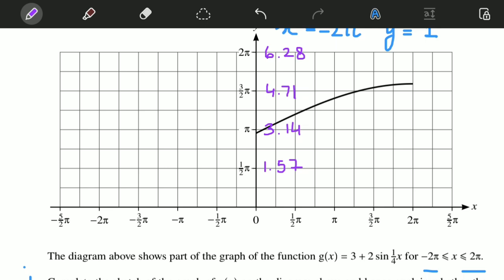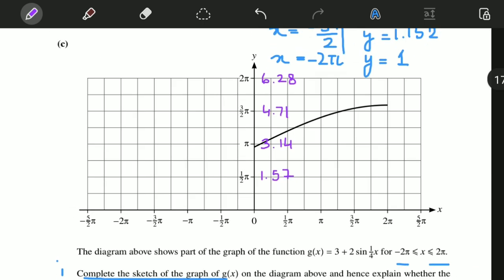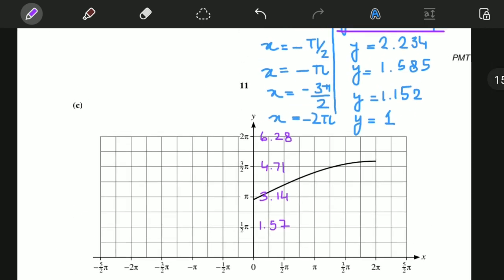Okay, now let's plot the points. At x equals minus pi by 2, we have y equal to 2.2. So see, 1.57 and 3.1, it would be somewhere between these two values, 2.23.